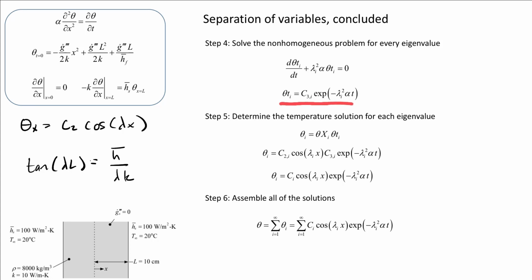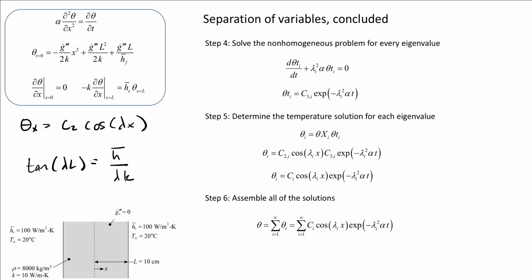But this is a solution for the non-homogeneous direction. Okay, so we take this now. We have an individual solution for each of the ith eigenvalues. And so that becomes our ith time solution corresponding to an ith constant and an ith eigenvalue. All right, so that's step 4.